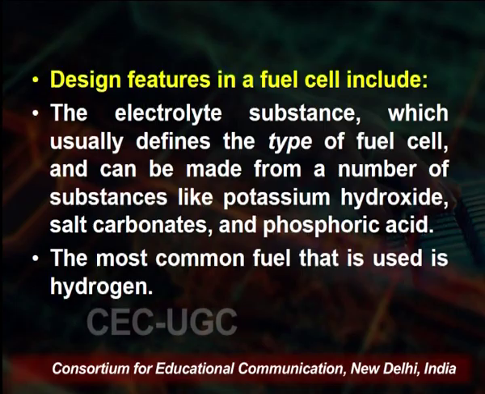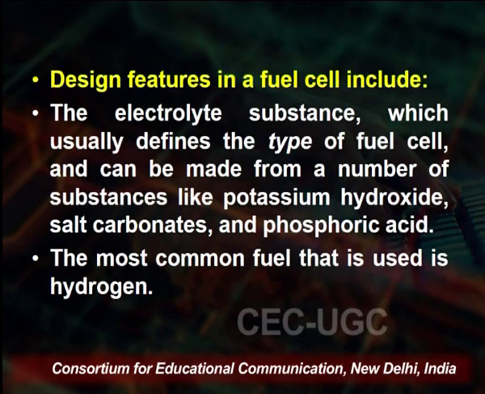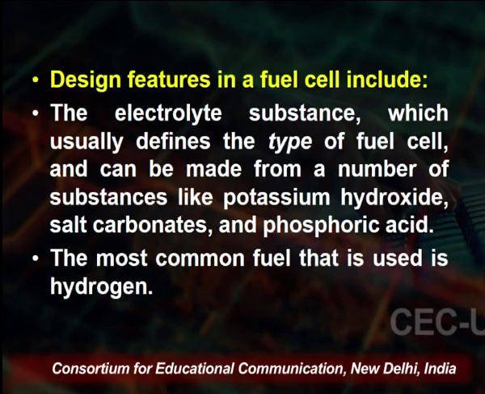The most common fuel used in the system is hydrogen, and the anode catalyst usually uses fine platinum powder, which breaks down the fuel into electrons and ions. The cathode catalyst, often nickel, converts the ions into the waste chemical, with water being the most common type of waste. Gas diffusion layers are designed to resist oxidation.